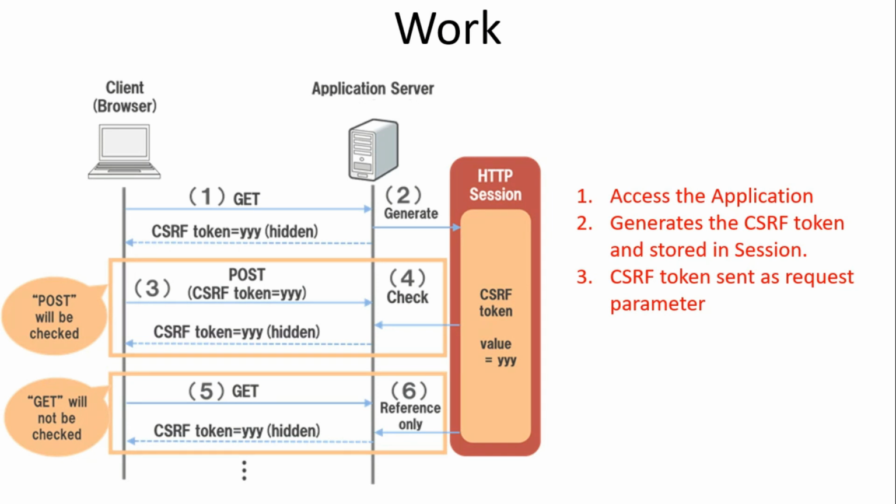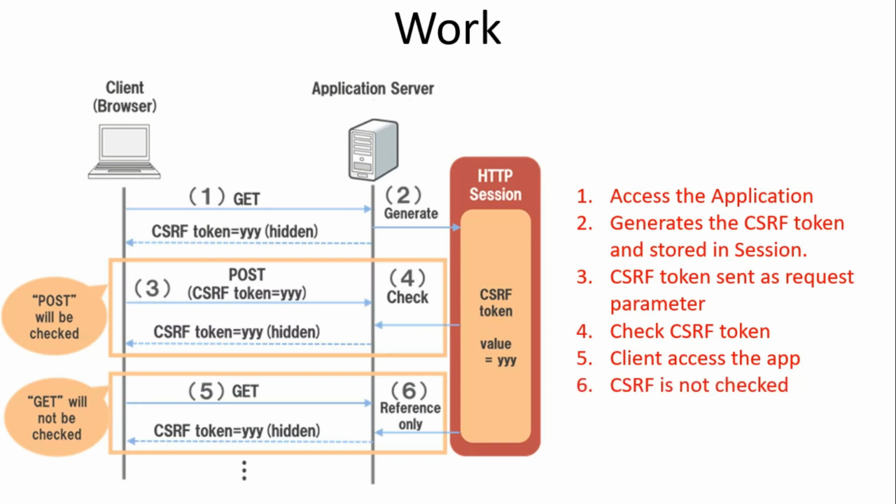Since the CSRF token is embedded in a field of the HTML form, the CSRF token value is sent as a request parameter. Fourth step, check the CSRF token value in the POST method. If the token is not valid, then it will give an error. Otherwise, it will perform the action. So the attacker or client accesses the web application server using the HTTP GET method. And sixth step, it does not check the CSRF token value when it is accessed using the HTTP GET method.